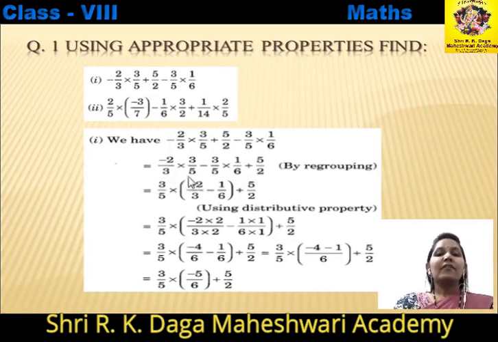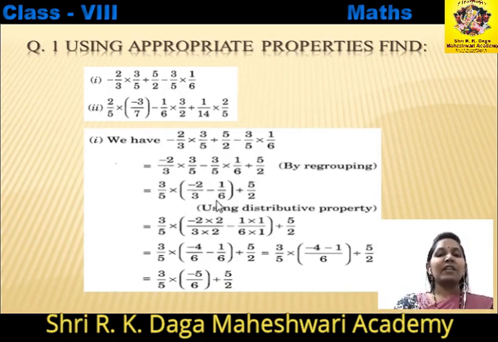Then we can take 3 by 5 as common term. In bracket we have minus 2 by 3 and from here minus 1 by 6. This minus sign 1 by 6 plus 5 by 2 as it is. Here we have used distributive property.